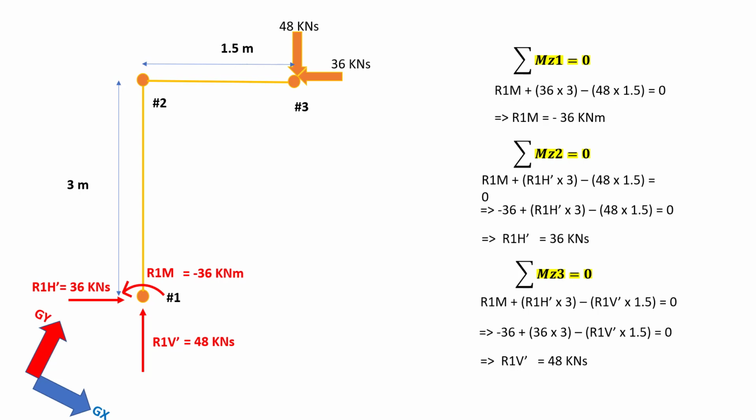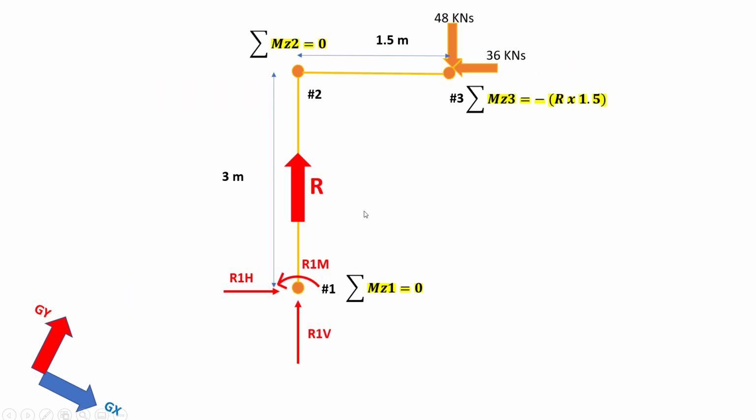So obviously this structure would be in equilibrium because we have already used all the three equations before. But the question now is: is the use of the moment equations at all the nodes a proper way of solving the reactions? Let us find out.